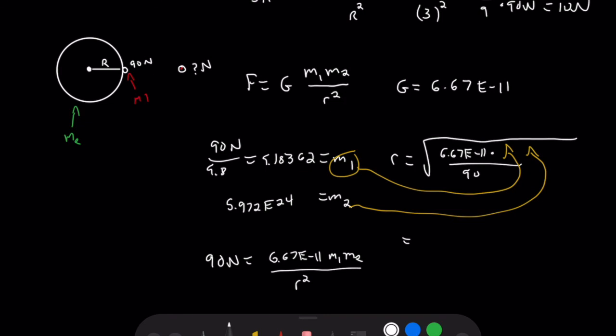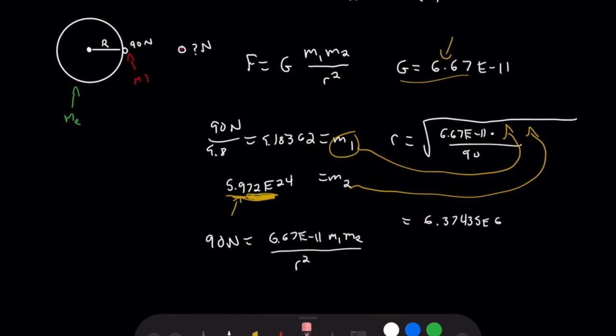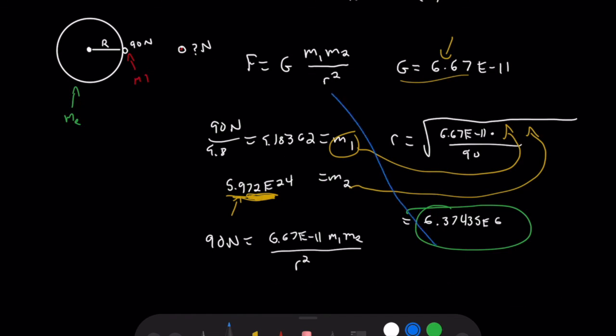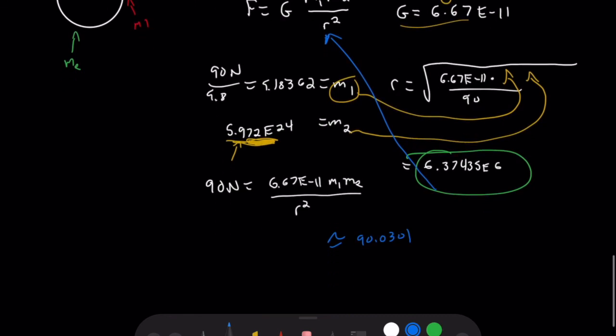Oops, something's wrong with the syntax there. And that checks out from what I looked online. That matches the radius. What I was a little concerned about is what we would get when we plug it back in. If I plug this value for the r back in here, which was the only unknown in the equation, what we would have gotten is 90.0301. It's very close to 90 newtons.